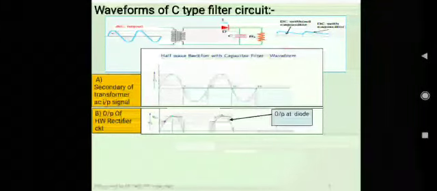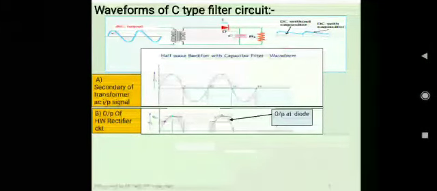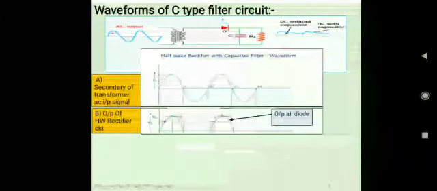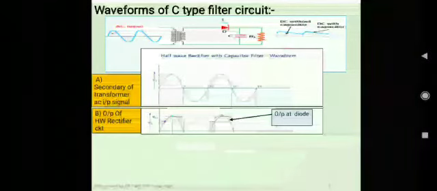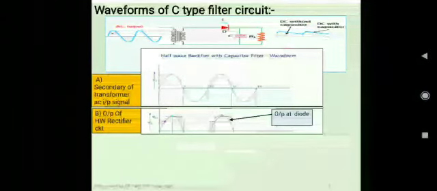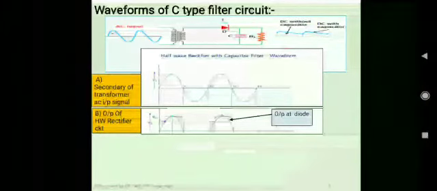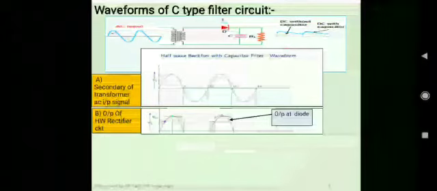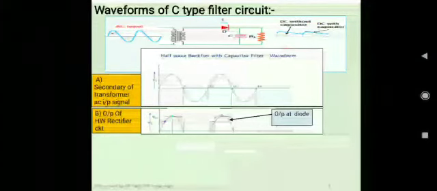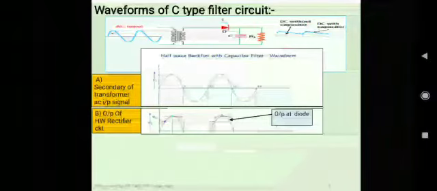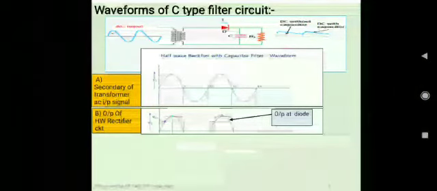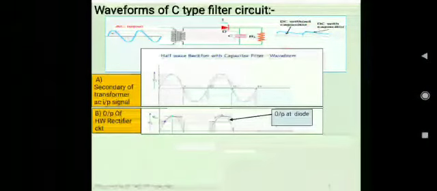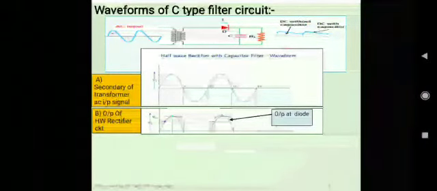During positive half cycle of an AC input signal, as per the waveform in figure A, there is a positive half cycle. In this, diode D, in the circuit you can see, gets forward biased because anode of the diode is connected to positive voltage at the secondary of the transformer, and vice versa, cathode is connected to the negative.